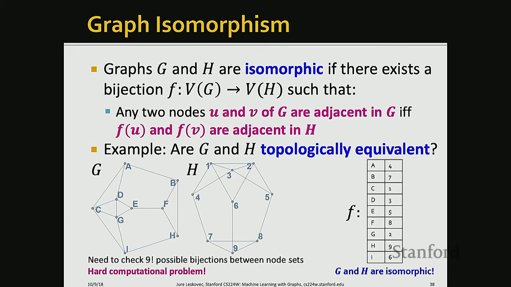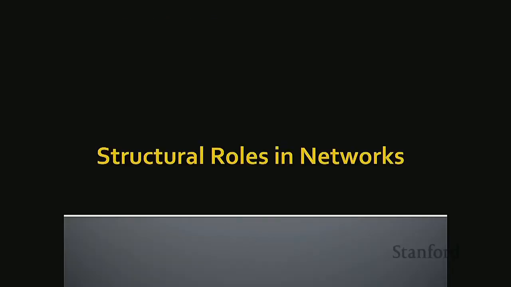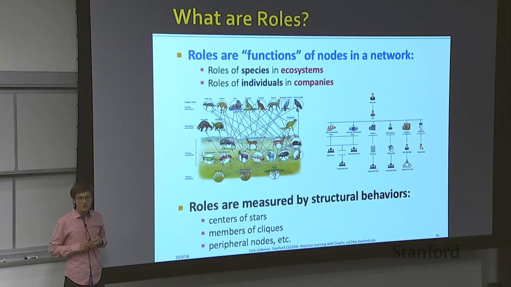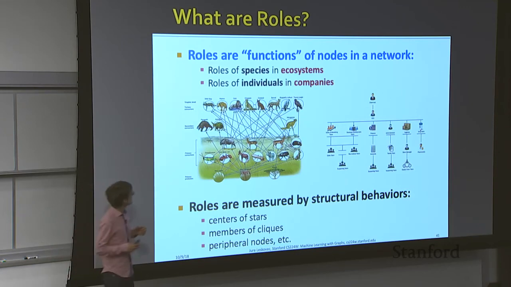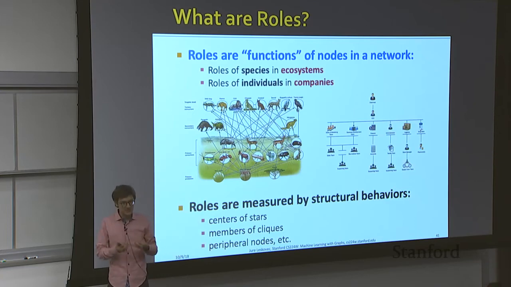Okay? Good. So now I've done the top thing, and now I want to talk about the second part of the lecture, which is this notion of structural roles in networks. The idea here is that roles, you can think of them as functions of nodes in a network. So, what are different roles of species in the ecosystem?